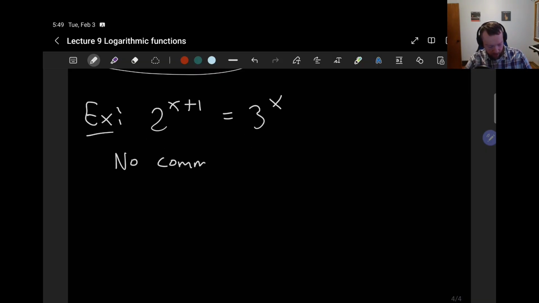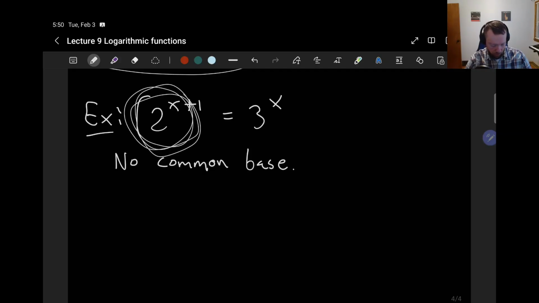There is no common base and no manipulation that you can do to get a common base. The trick then is to apply a logarithm to both sides. Now, do I do log base 2 to get rid of this 2? Well, that wouldn't work very well over here. Likewise, if I tried to apply log base 3 to both sides, well, that would cause us problems here.